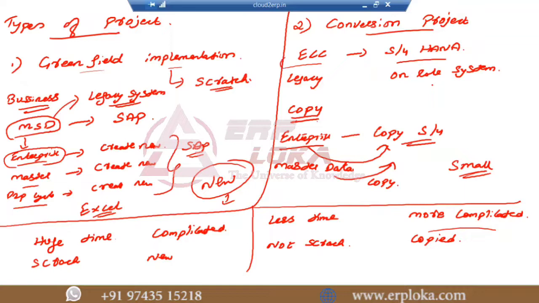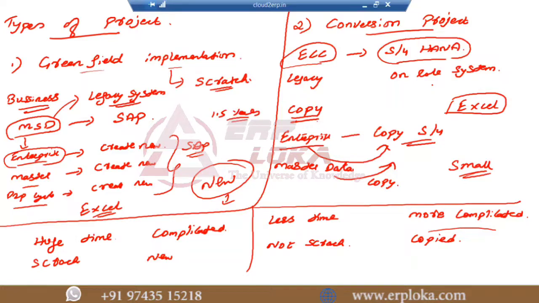ECC data will be different, S/4HANA data will be different. The ECC template will be different, the S/4HANA template will be different. Whenever you get the data from ECC, it needs to be converted to S/4 data and then uploaded. So in a conversion project, you will be mostly working in Excel. For example, to complete one Greenfield implementation, it normally takes 1.5 years.